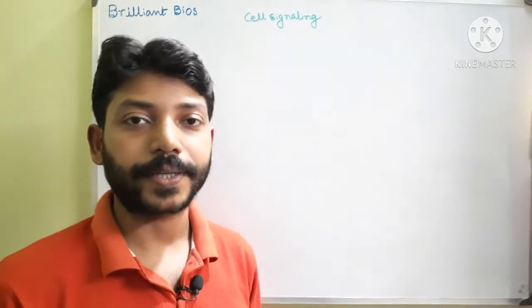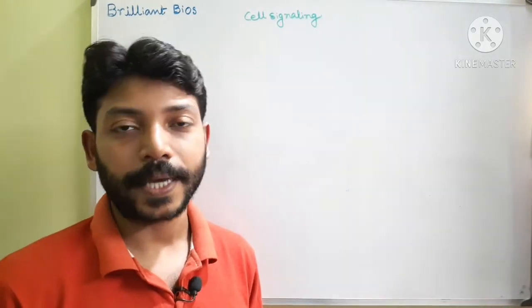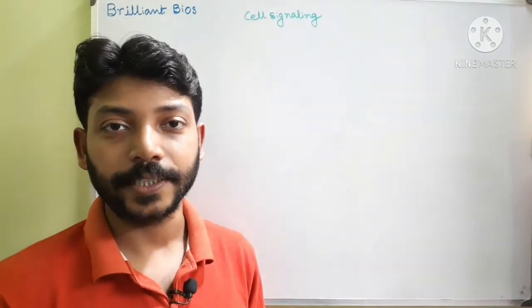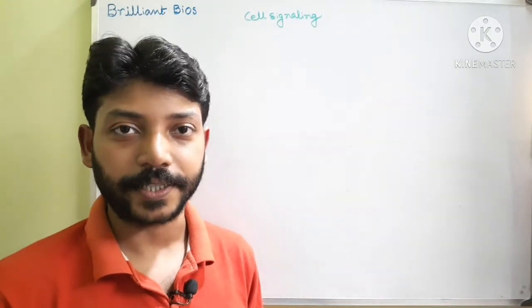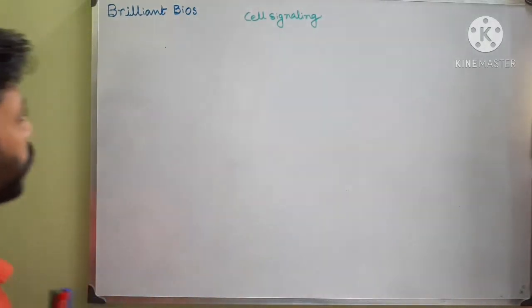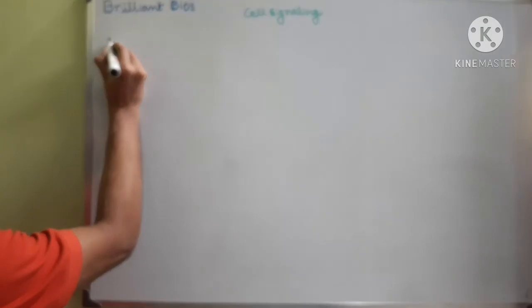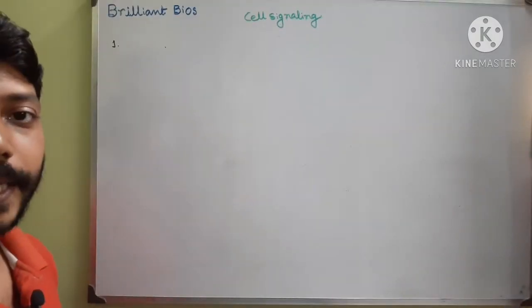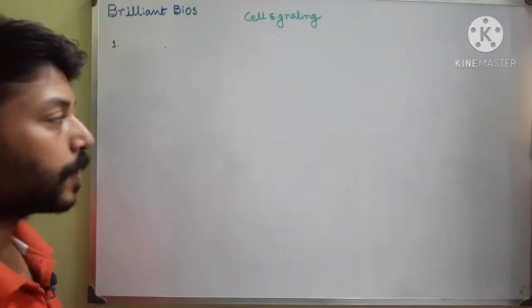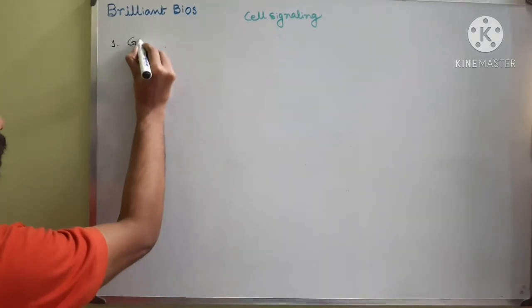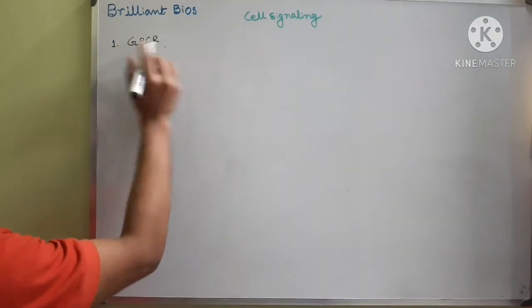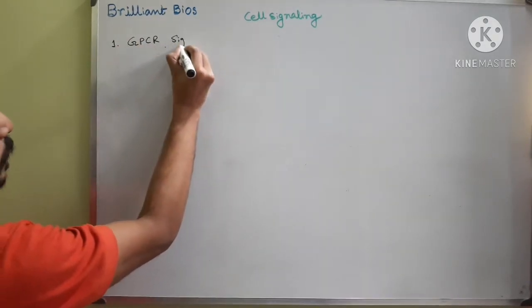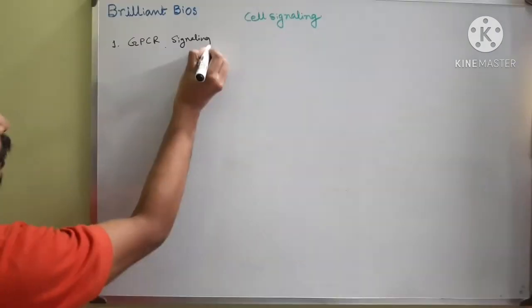In my subsequent classes I will talk in more detail about cell signaling so that you can attempt questions in CSIR NET examinations. At first I will give you an overview: there are majorly 10 types of signaling pathway. One is called G protein coupled receptor signaling.